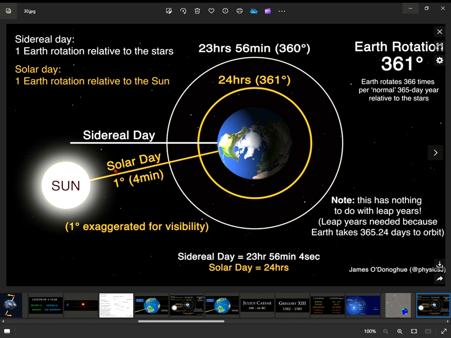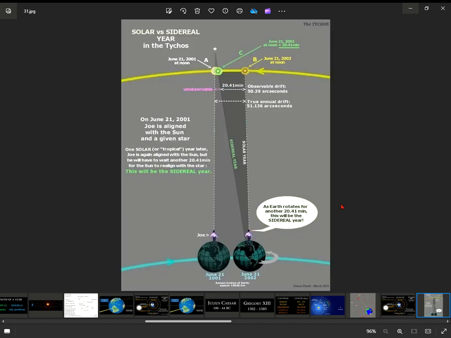Popular media's misleading statements want to confuse us when they say that a sidereal year is about 20 minutes longer than a solar year. That refers to the difference between the solar year and the sidereal year in solar day terms exclusively. Otherwise, the difference would be about a day.